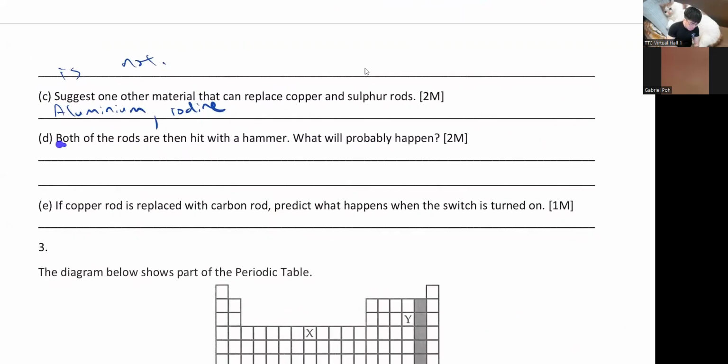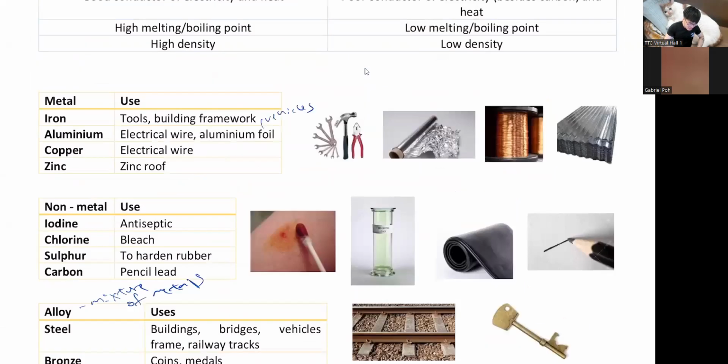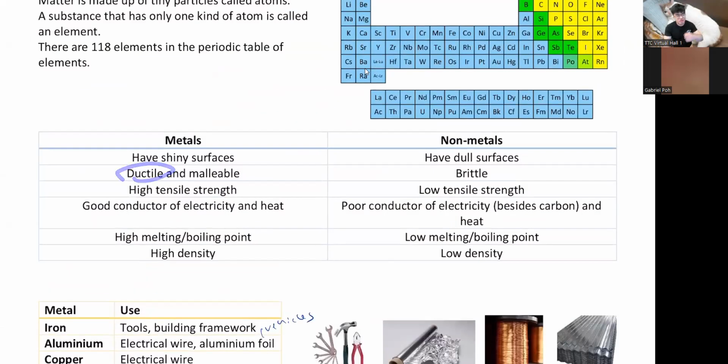Okay, so D, both of the rods are then hit with a hammer. What will probably happen? As we know, metals are ductile. That means malleable, you can beat it into any shape. Whereas non-metal, you beat it, they will shatter. They will break.